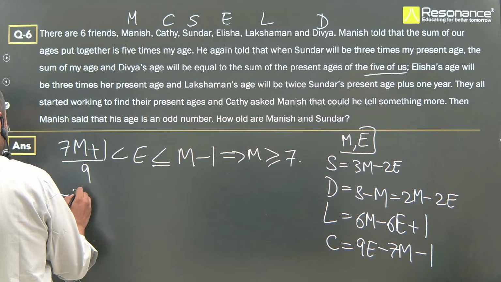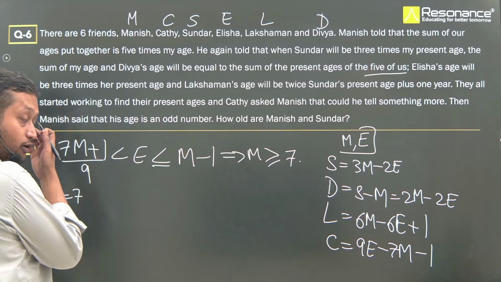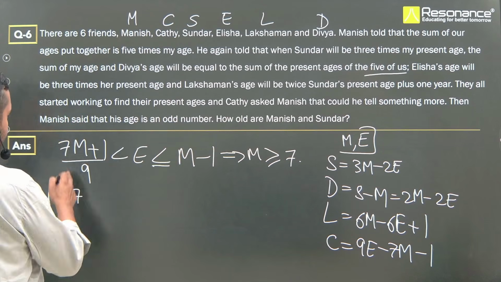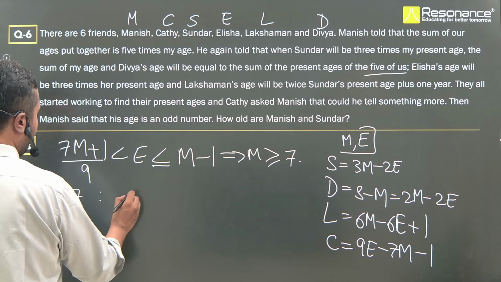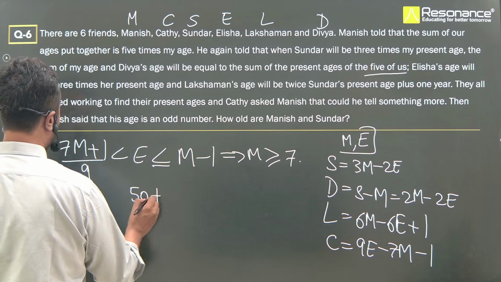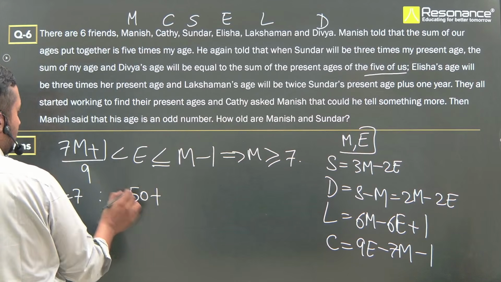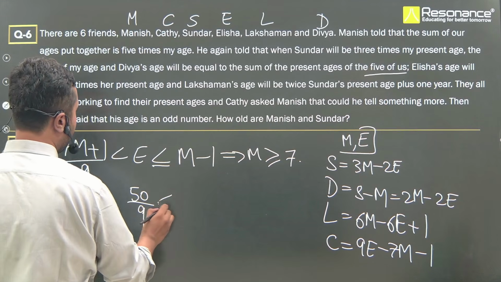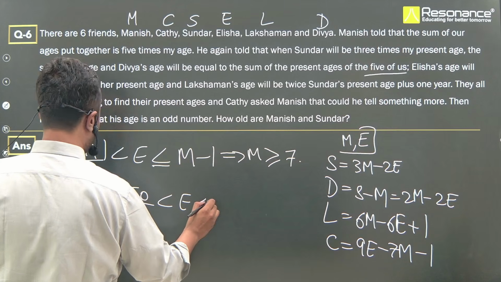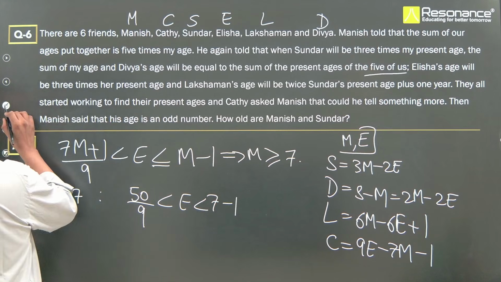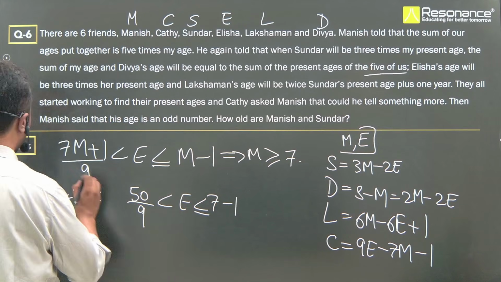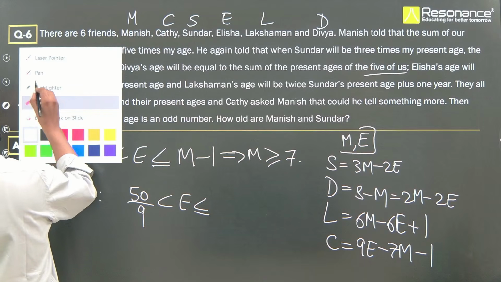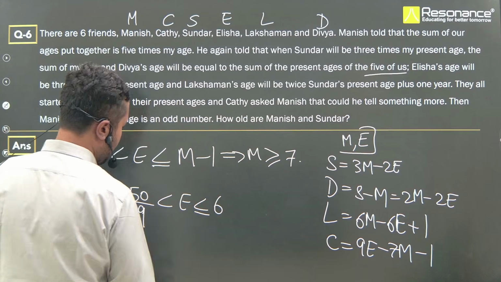Suppose M was 7, then what does this inequality look like? 7 times 7, so 50 plus, okay, that's 50, that's all. There's no plus, I already added it. Divided by 9 is less than E, less than or equal to 7 minus 1. So that's 6, right? And what is that number?